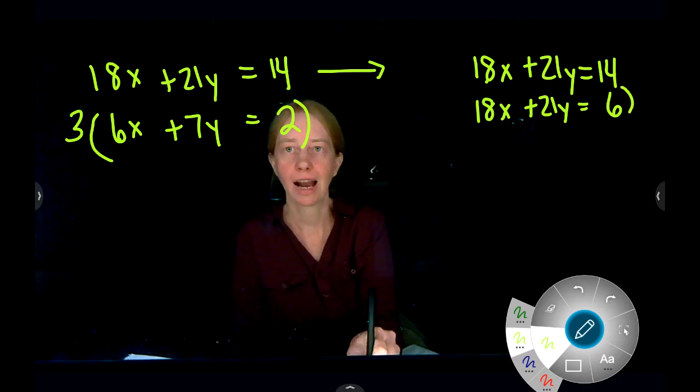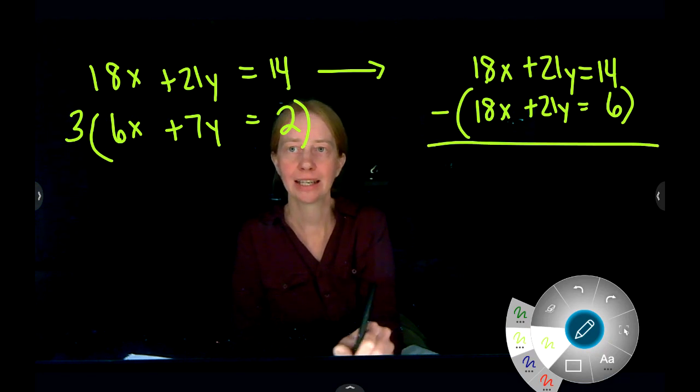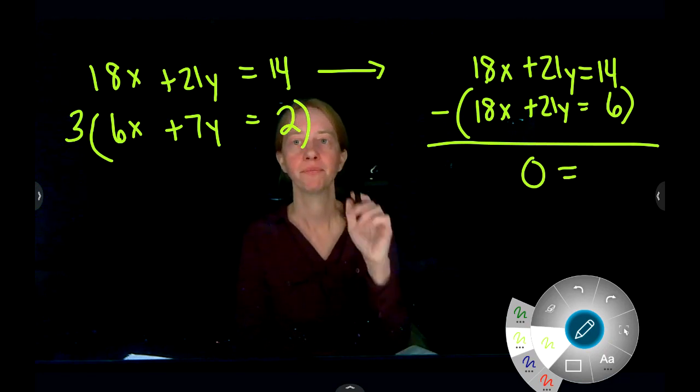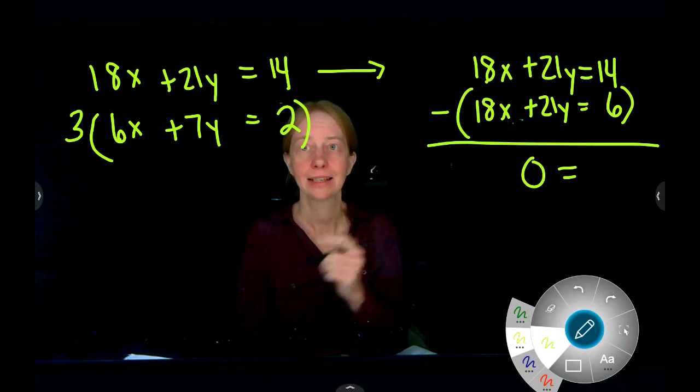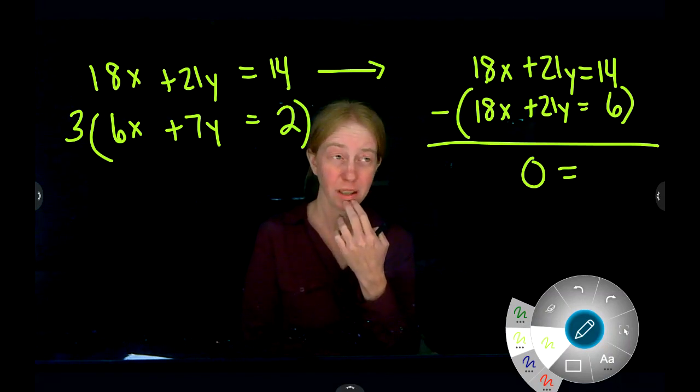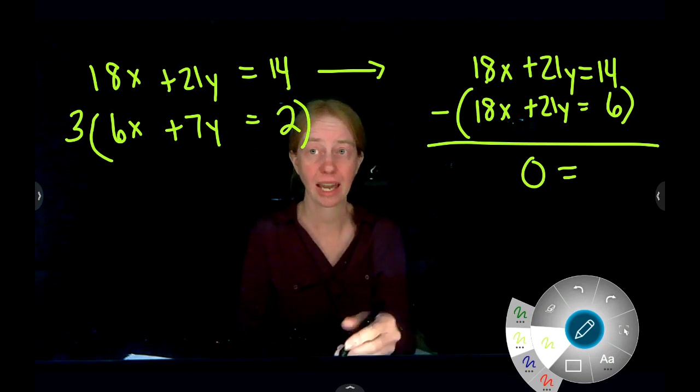And now I'm going to subtract. So I have 18x minus 18x, that's 0. 21y minus 21y, that's also 0. So I have 0 on this side of the equation. My nose is all itchy. 14 minus 6 is going to be, well, not 0. 14 minus 6 is 8.